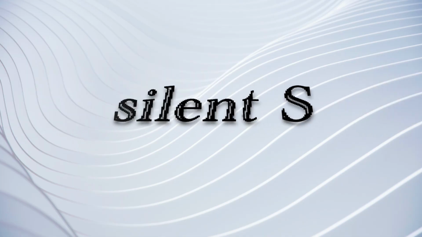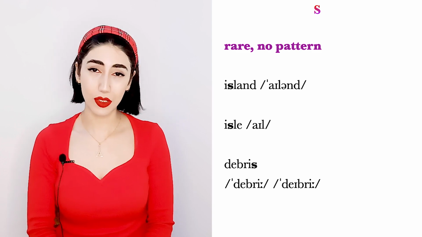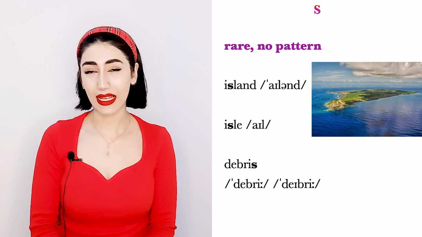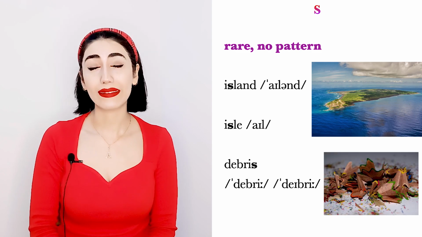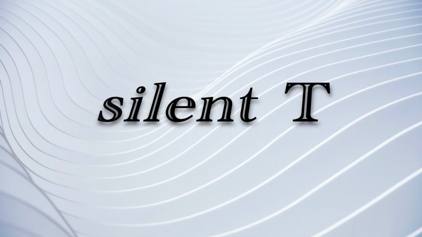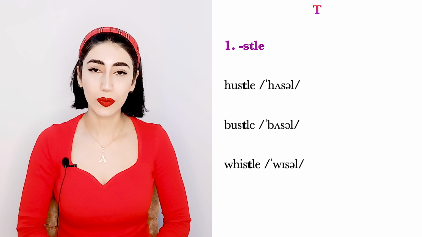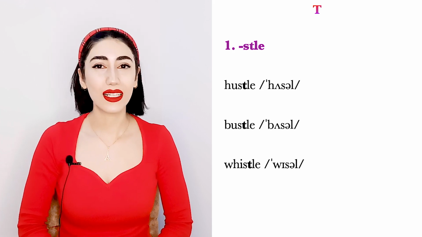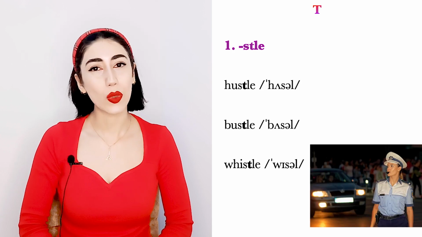Then S. We have silent S in some situations, like in island, isle, and debris or daybreak. Silent T. It likes the silence. So there are 4 occasions for this one. First of all, when we have STLE, like in hustle, bustle, whistle.